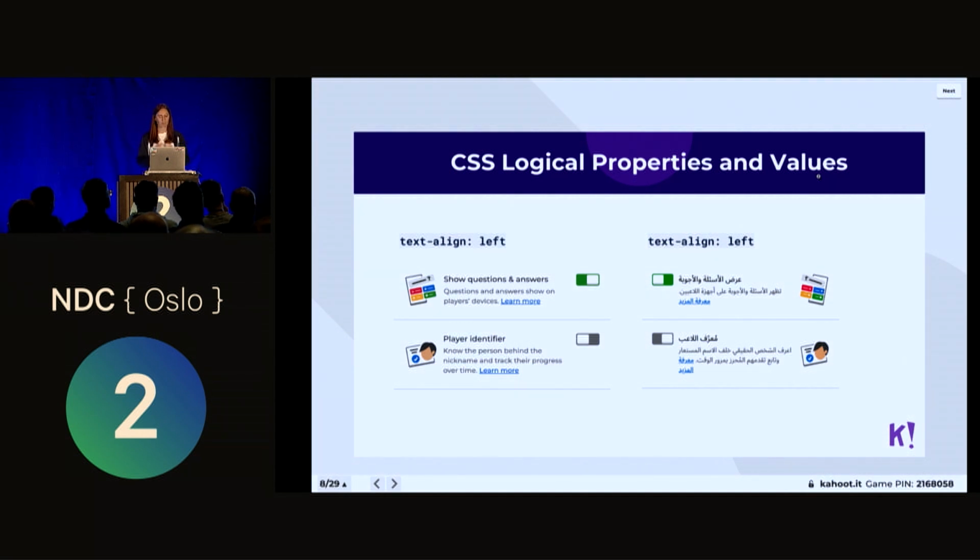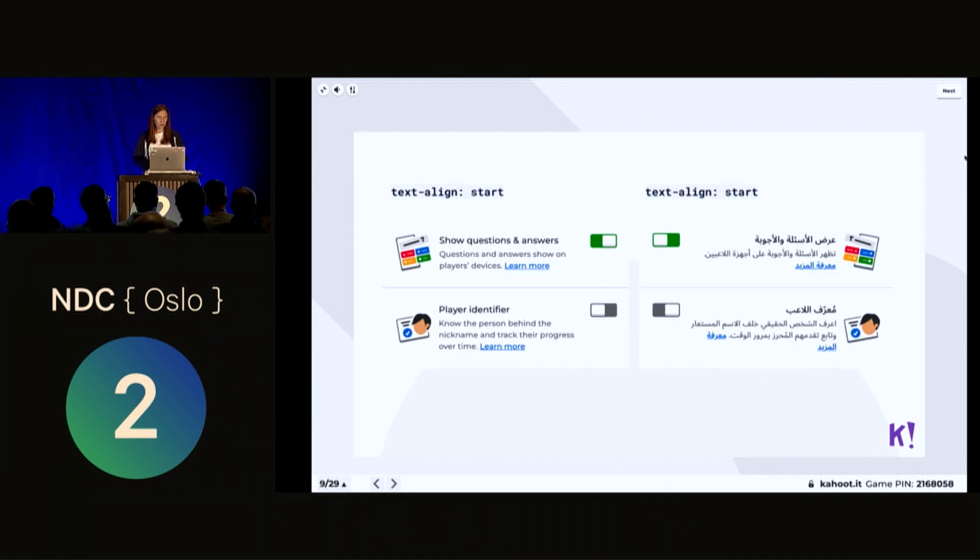For that, CSS logical properties and values are useful. For example, if we use text-align left, like here on the screenshot, it is fine for left to right languages like English, but the text still starts from the left in Arabic, which is not correct. So it's nice to use text-align start.